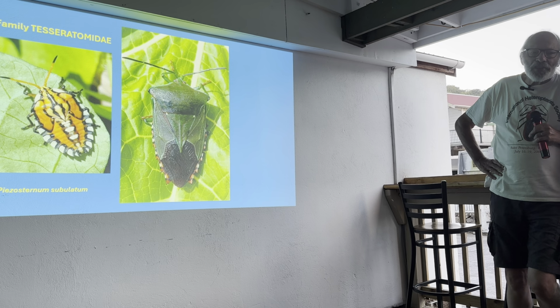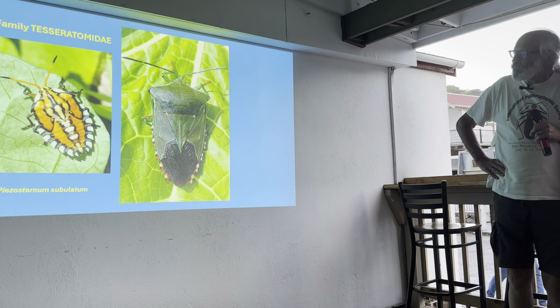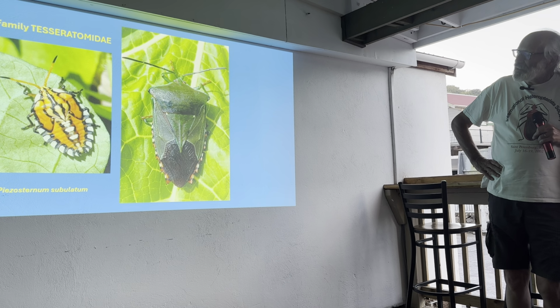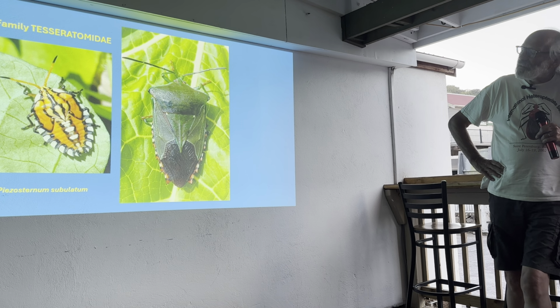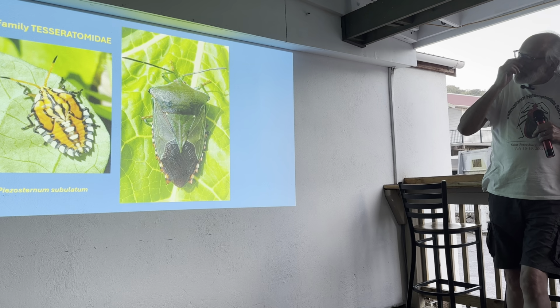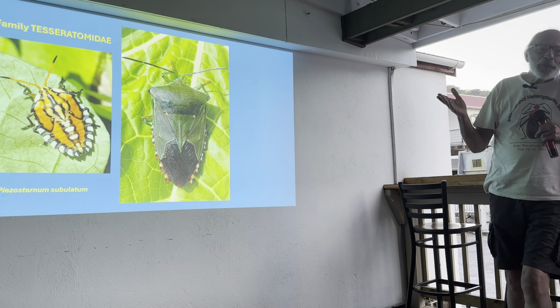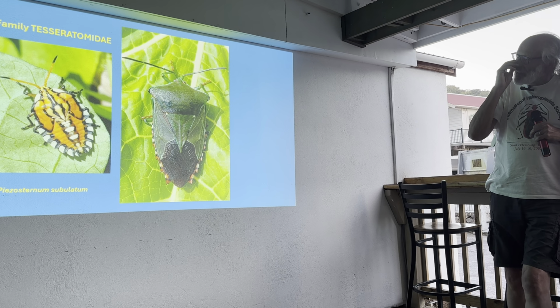It's the largest species here on the island. I think it is about 2.5 centimeters. And there is a very large difference between how the nymphal stage looks and the adult species.